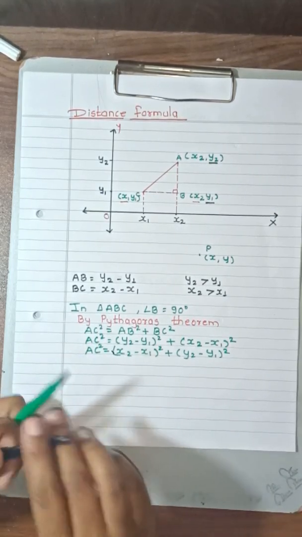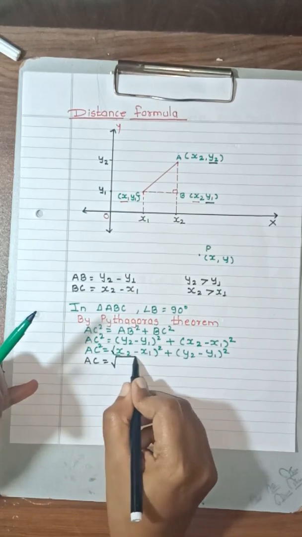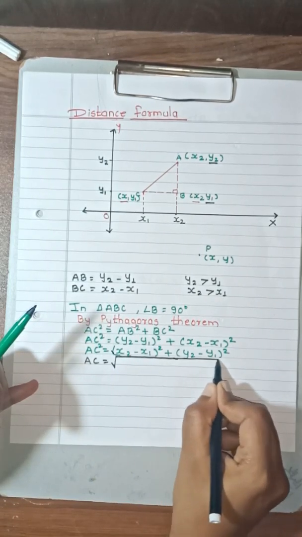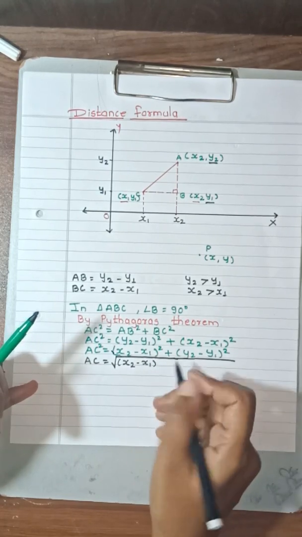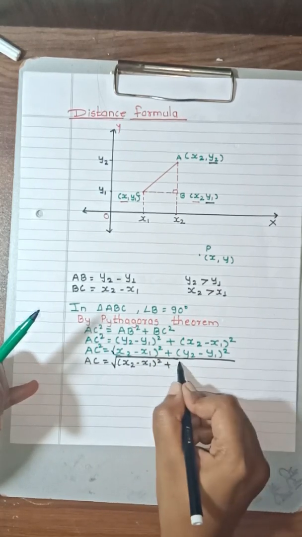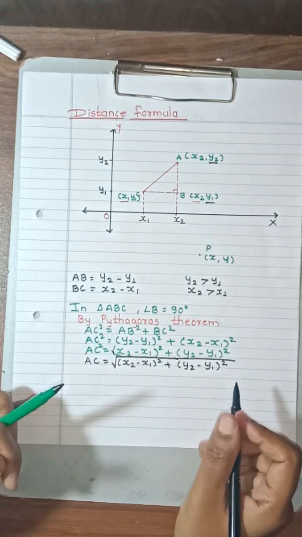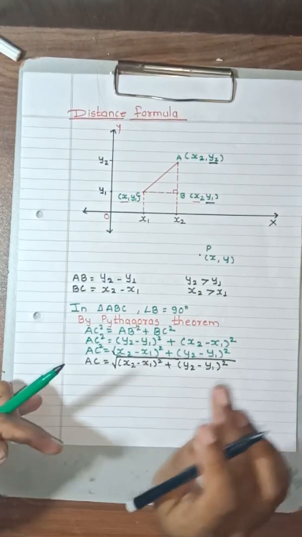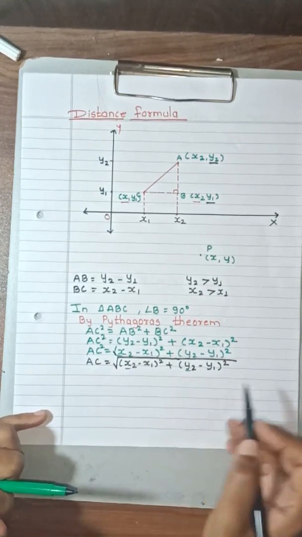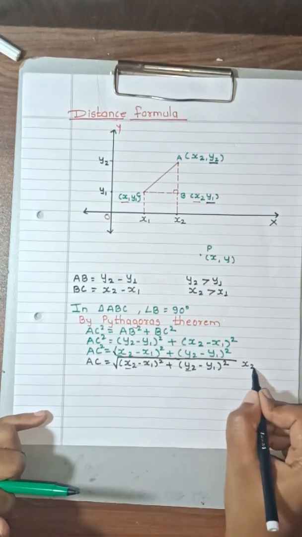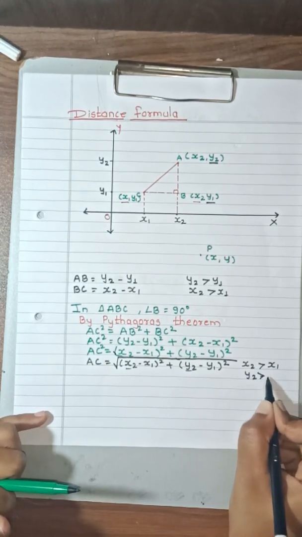Now I'll write down here AC is equal to under root of (x2 minus x1) bracket square plus (y2 minus y1) bracket square. Here you have to remember that when I have taken x2 and y2, that means x2 is greater than x1 and y2 is greater than y1.